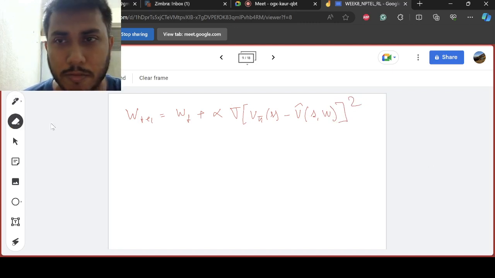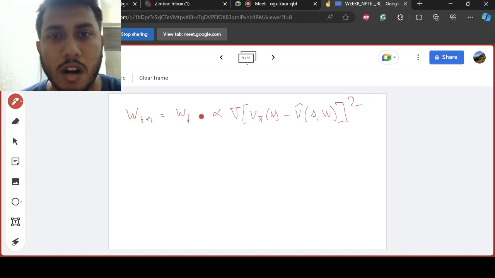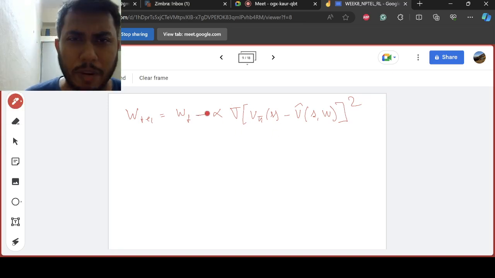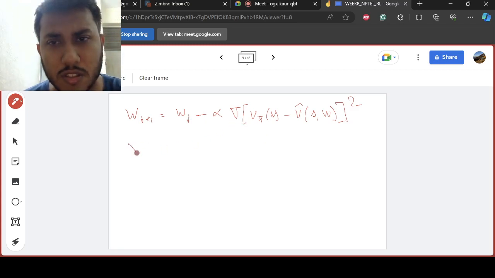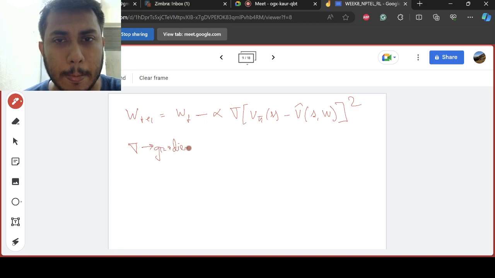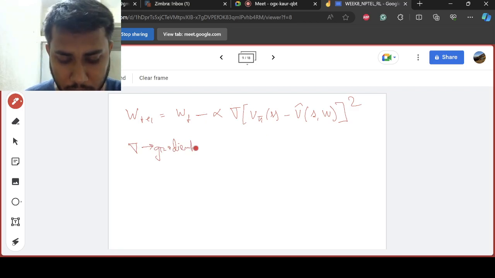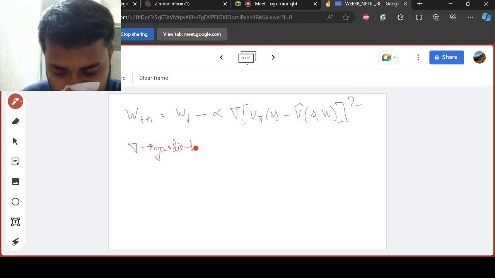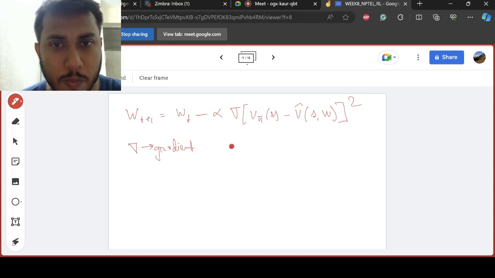Sorry, this will be negative. So this is how you propagate error. This symbol is basically your gradient. Gradient is basically doing a differentiation, partial differentiation, with respect to w.